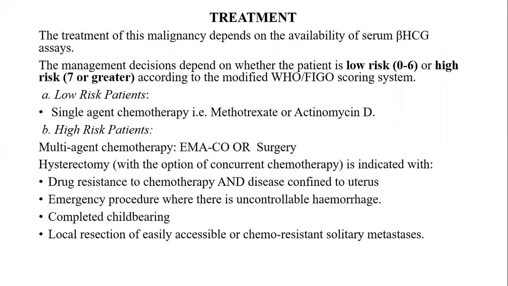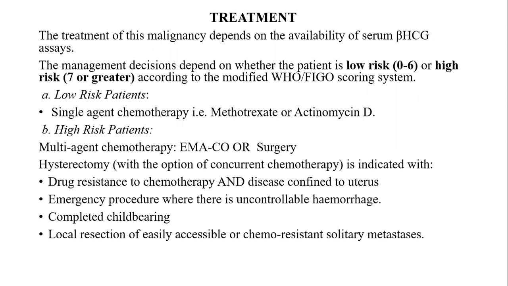So for the last part, the treatment depends on the availability of serum beta HCG assays. The management decisions depend on whether the patient is low risk, high risk, or ultra high risk.